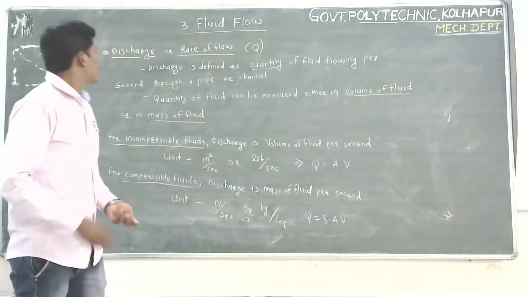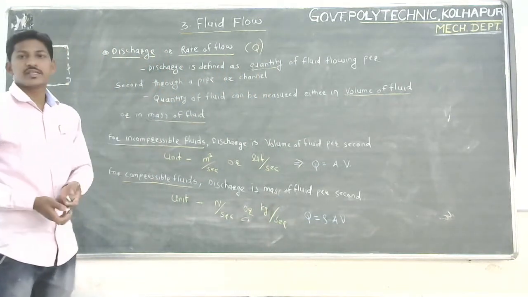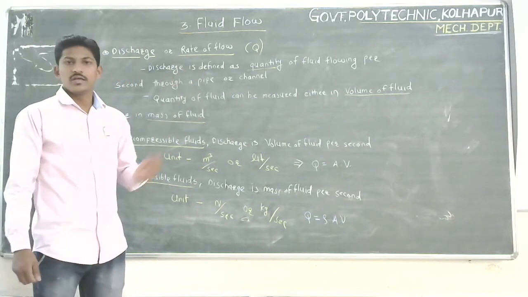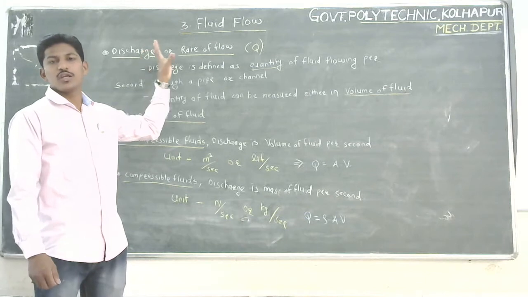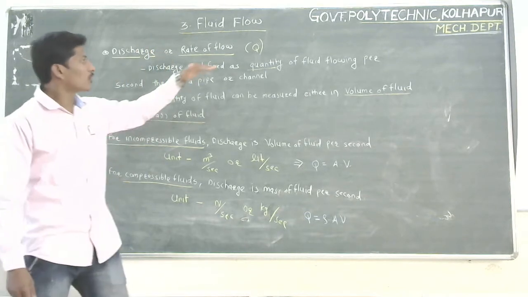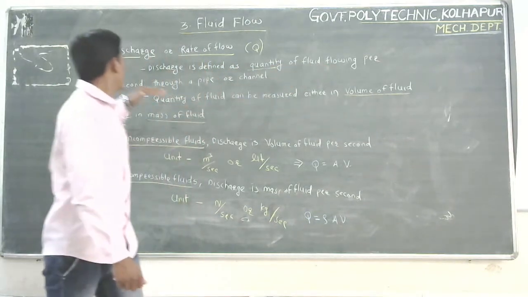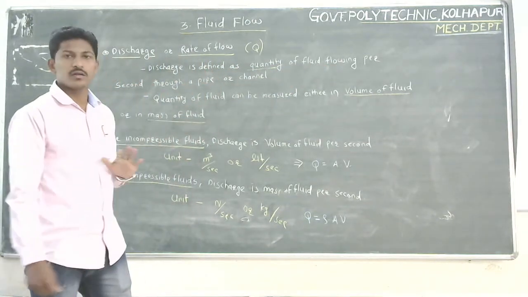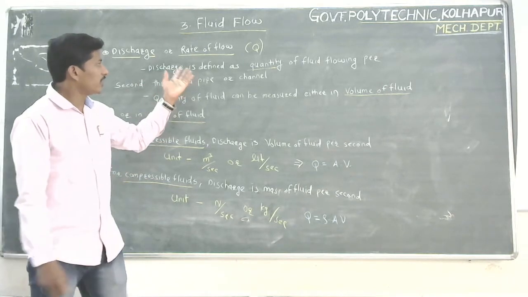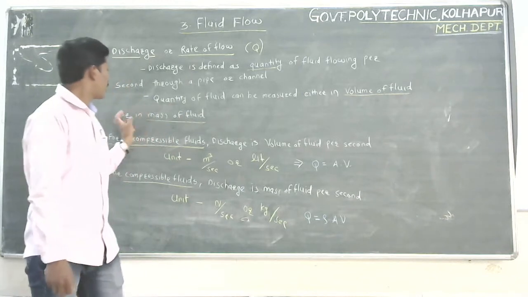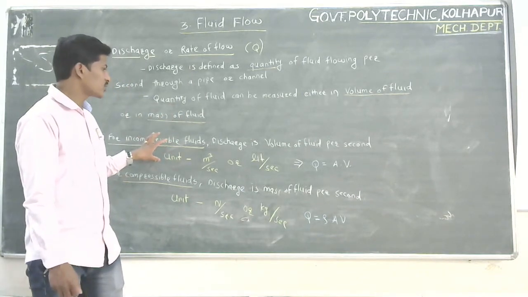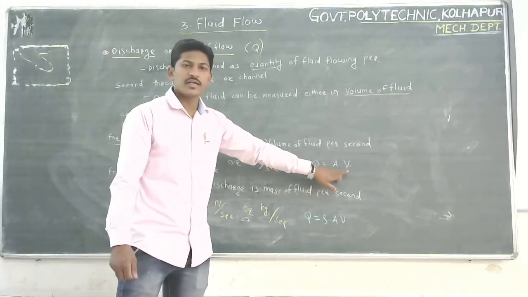So that is the overall idea about discharge and rate of flow. It is nothing but the measurement unit of the flow, the quantity of fluid flowing per second through the pipe or channel. That quantity can be considered as volume of fluid or mass of fluid. For incompressible, as density is constant, it is area into velocity.